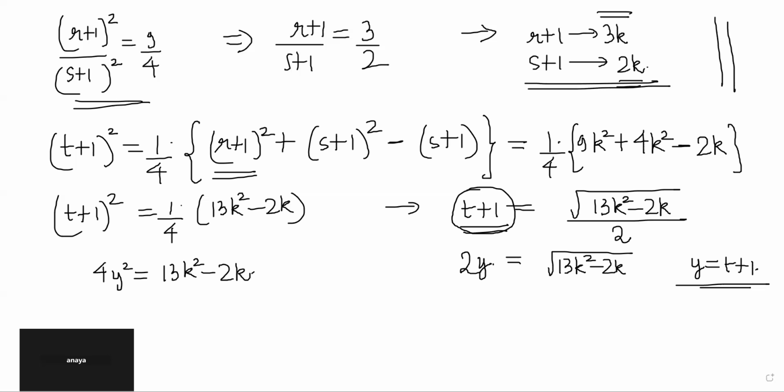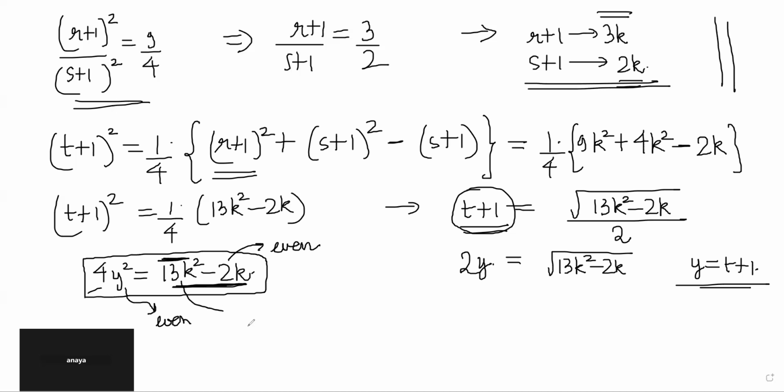Okay, so this is like a number theory problem. We have to figure out something from here. So think about it. The left hand side is even, right? The right hand side has to be even then. But the second term here is even, so this term also has to be even.